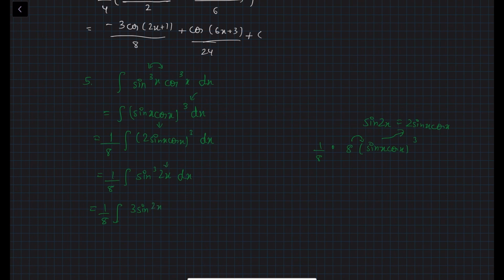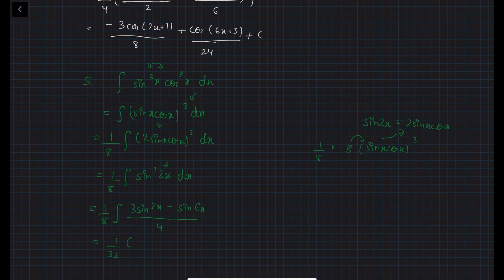So it's 3 sine of 2x minus sine of 3x, but here x is 2x, so it's gonna be 3 times 2x, which is 6x, all over 4. So I'm just gonna push that 4 outside, so 1 over 32, and we can integrate already.